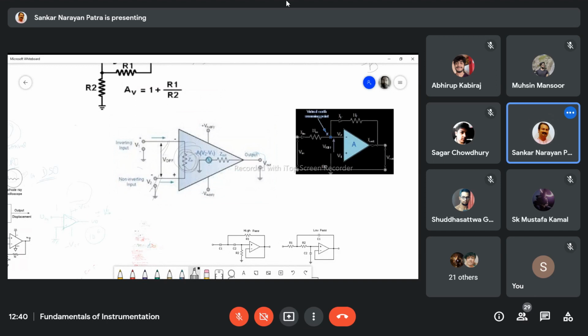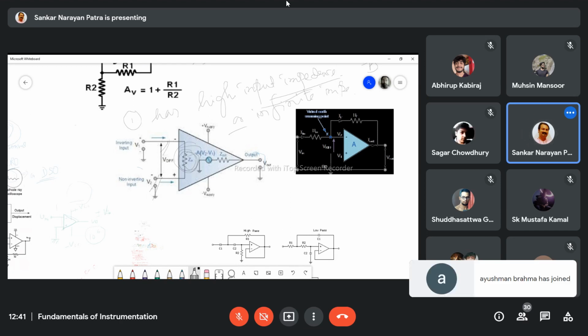So what I can say is the op-amp has high input impedance, or sometimes it is called infinite impedance if it is an ideal op-amp. In a practical op-amp, it will be in the order of mega ohm.